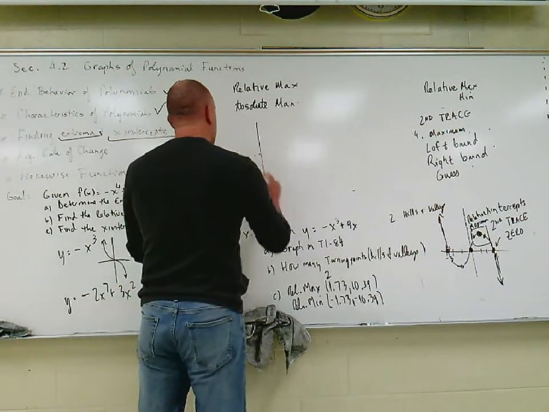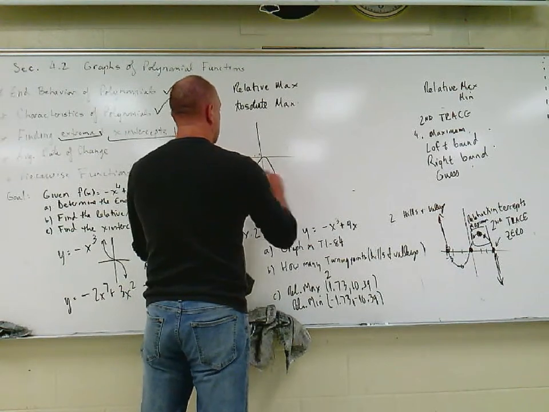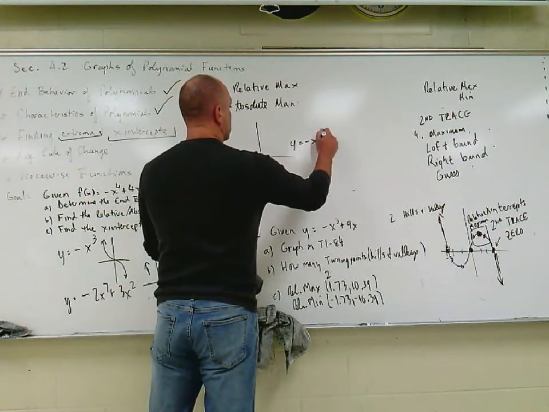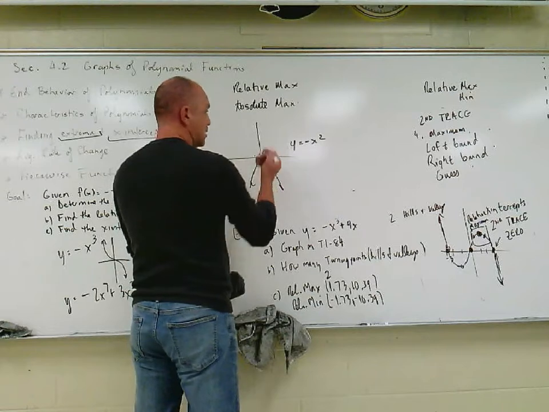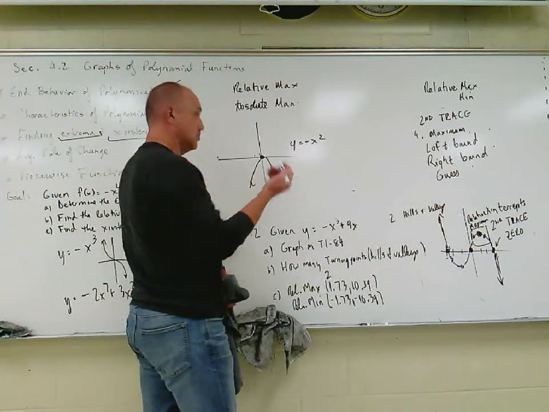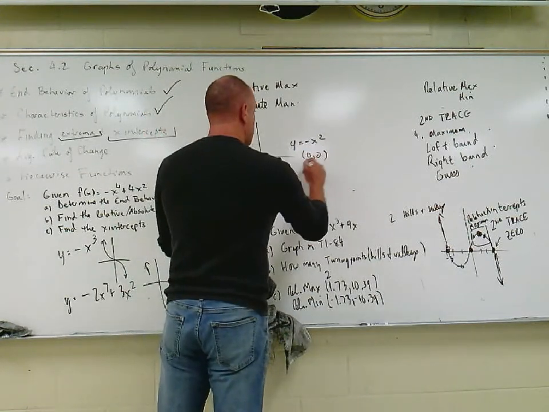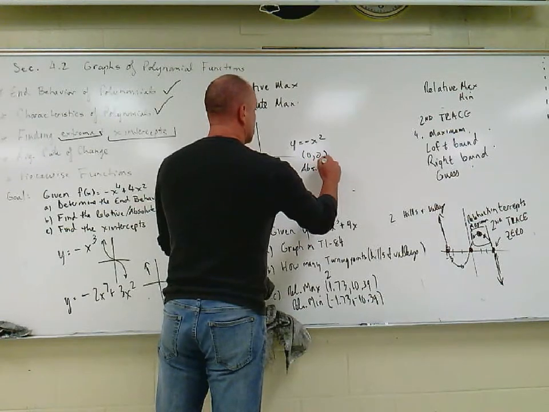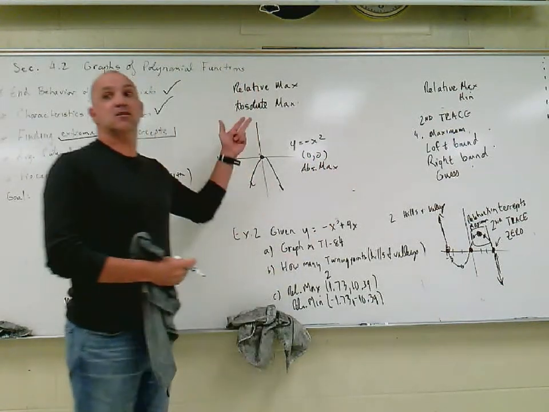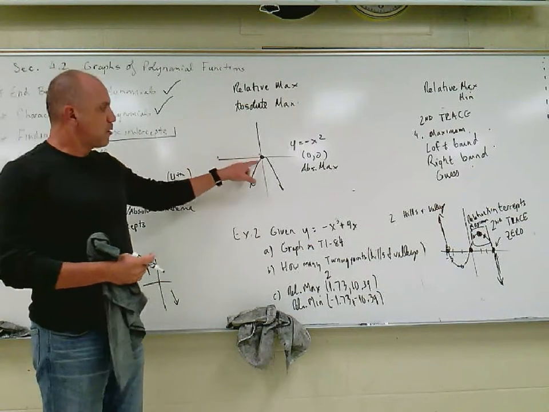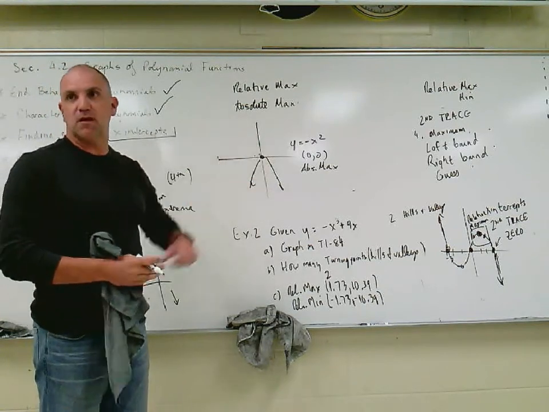So in this case, let's say you just had y equals negative x squared. Well, what point is that right there? 0, 0. And that would be an absolute max. Why is that? Because it is the highest point. So it's technically both. You can call it relative, but it's also an absolute max.